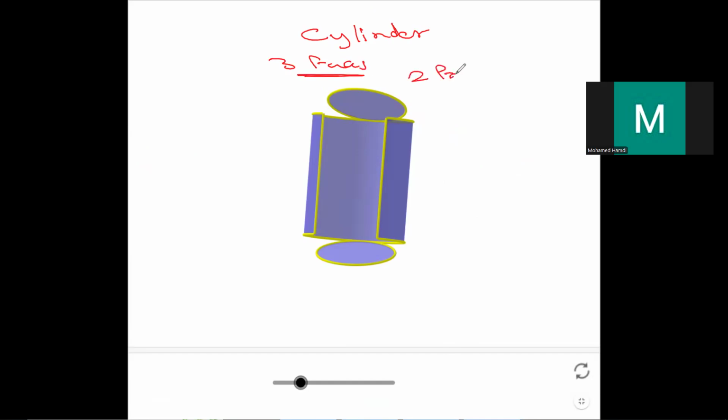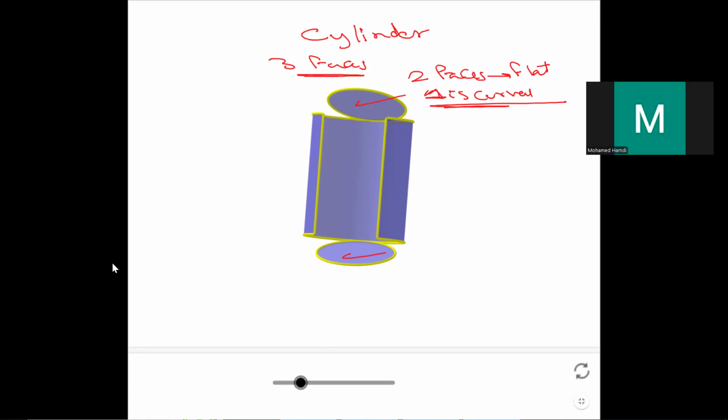Two faces are flat and one is curved. Two circular flat faces, and one curved. Sometimes you can say we have a circular edge, and sometimes you can say we don't have any edges. There is no vertex on the cylinder.